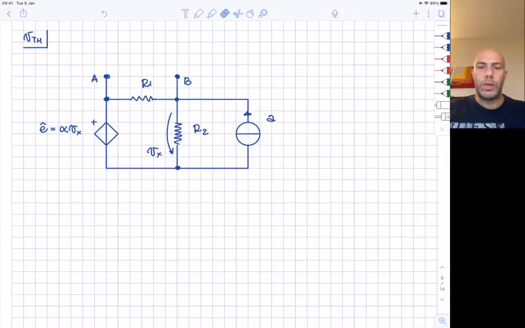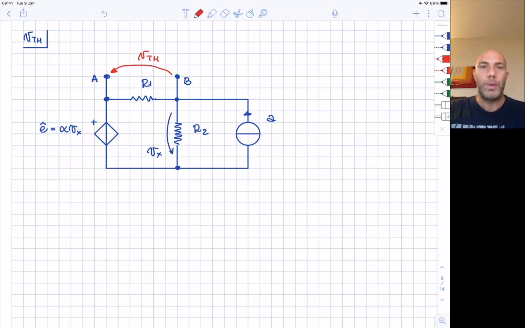If we want to calculate the Thevenin's equivalent of this circuit, what we have to do is to calculate the voltage at AB terminals, this voltage here, and this circuit is nothing different from what we have seen before, so it's the calculation of a voltage across a resistance in a circuit where we have independent and dependent generators.